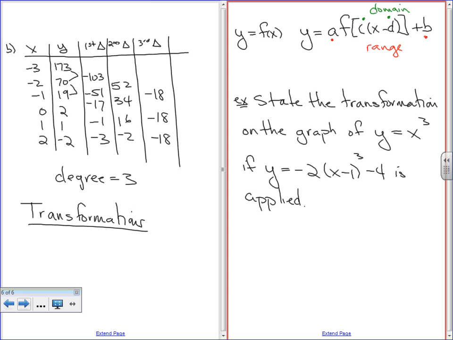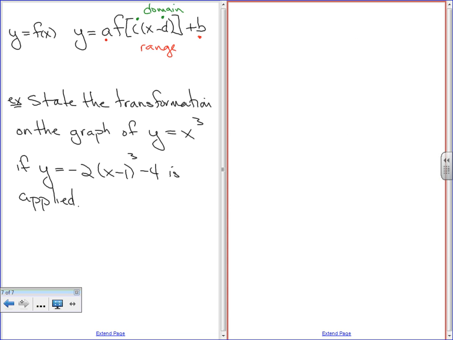So basically, your goal is to tell me what each one of these parameters do to the original function. Okay? So I'm going to break it down into the 4 parts. The a value, I want you to treat it as 2 things. If it's negative, talk about what the negative does, then talk about what the 2 does, and then we'll talk about what this -1 does, and then we'll talk about what this -4 does.